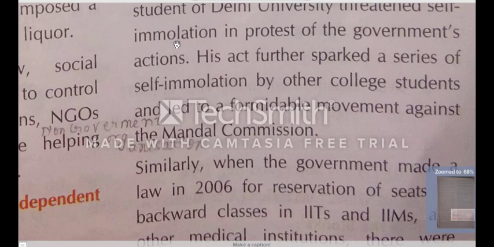After watching this, students of other colleges were also inspired by it. They saw that situation and also started doing the same. They started self-immolation, and it led to a formidable movement. Formidable means bhayankar, terrible. The movement against the Mandal Commission started.